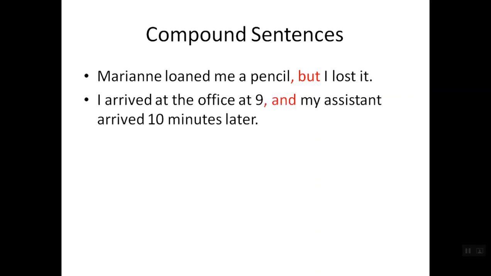Consider the second one. I arrived at the office at 9, and my assistant arrived 10 minutes later. Okay? How many subjects? How many verbs first? You have to clarify the verbs first. Okay. Verb number 1, arrived.